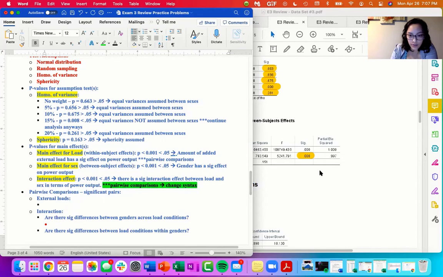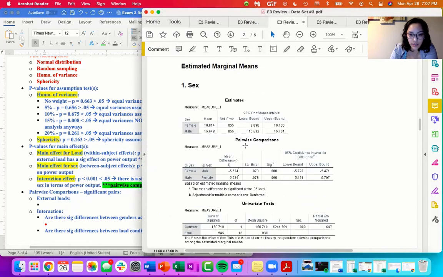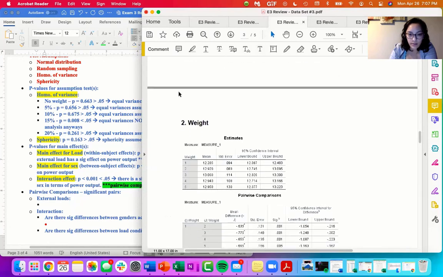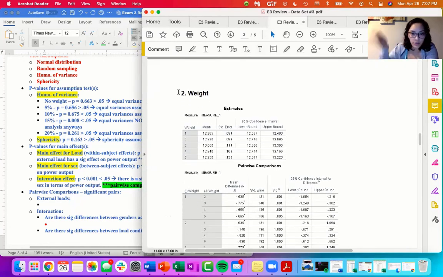Let's do external loads first because that one's easier. We can skip sex because we already know there's a difference between males and females as told to us by the main effect.